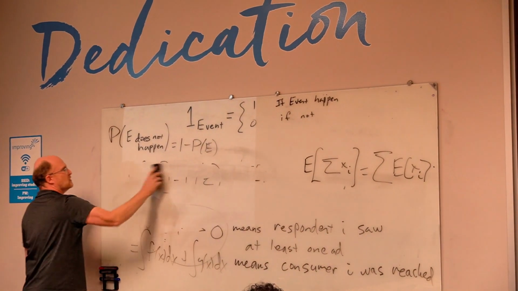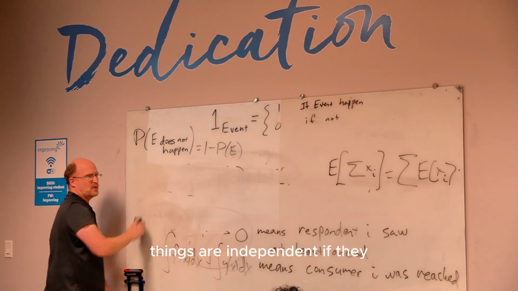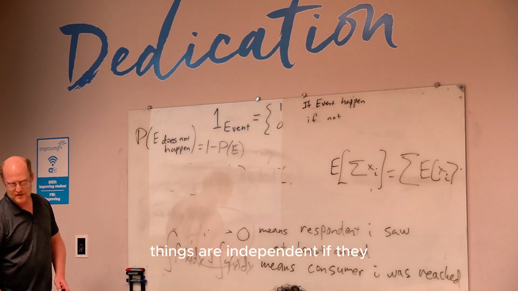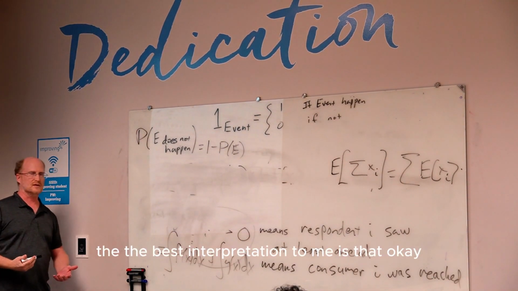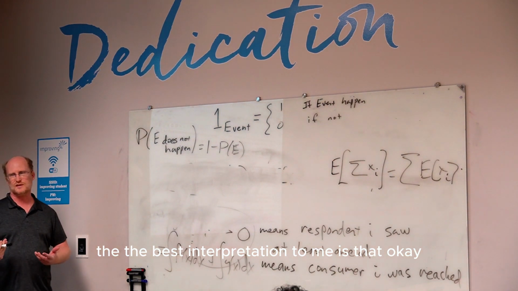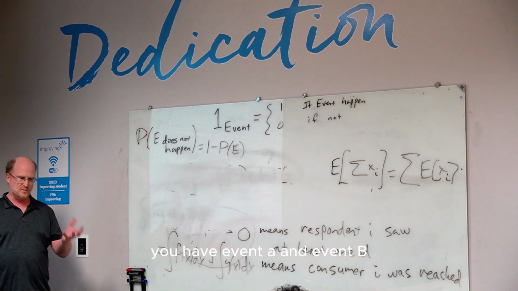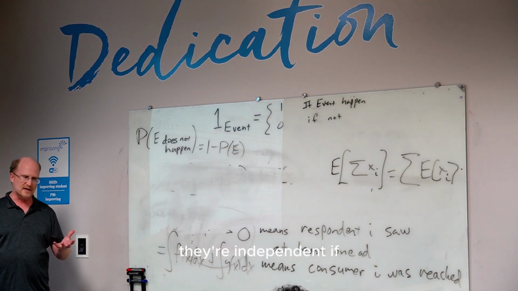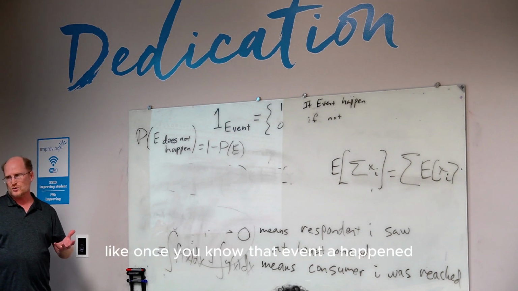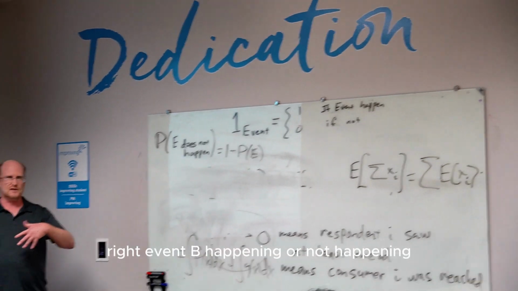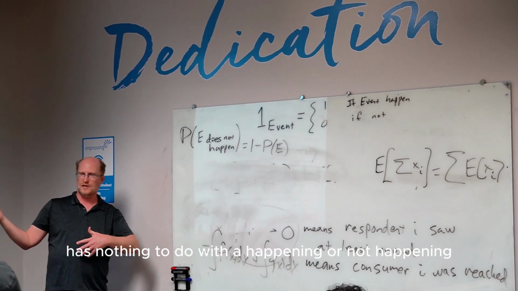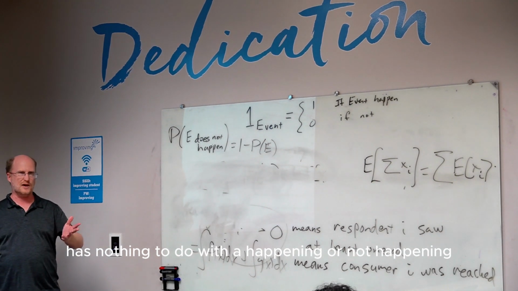Things are independent if they can't impact each other, okay? The best interpretation to me is that you have event A and event B. They're independent if, once you know that event A happened, that tells you nothing about event B, right? Event B happening or not happening has nothing to do with A happening or not happening.